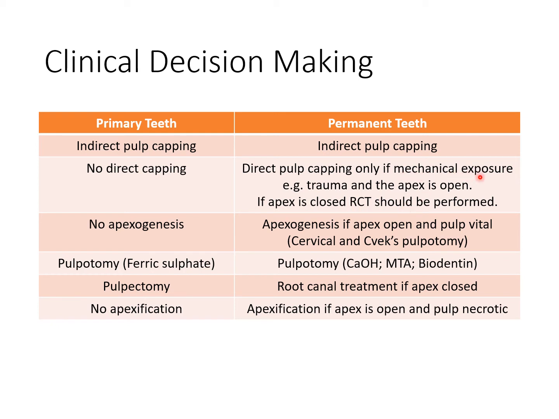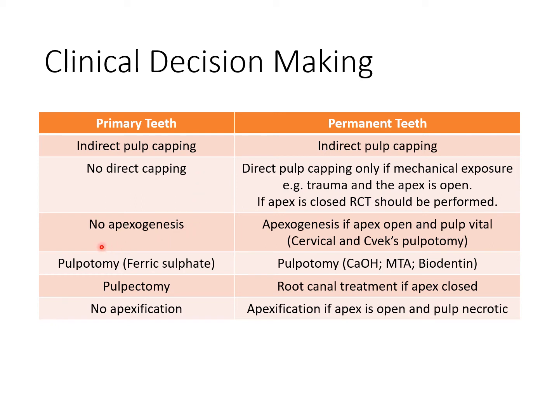Of course, this depends on the amount of mechanical exposure, but in primary teeth, direct pulp capping is not really advocated because we really don't know how the pulp will respond to the biomaterial that we use for direct pulp capping. But with newer dental materials and pulp capping agents coming into the picture, we may also be able to do direct pulp capping. But the rule of thumb is don't do direct pulp capping in primary teeth.